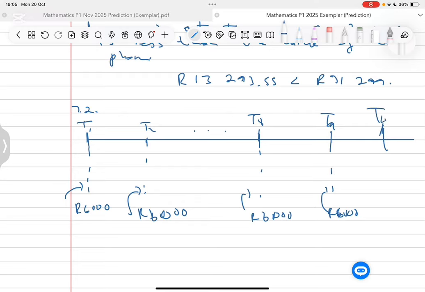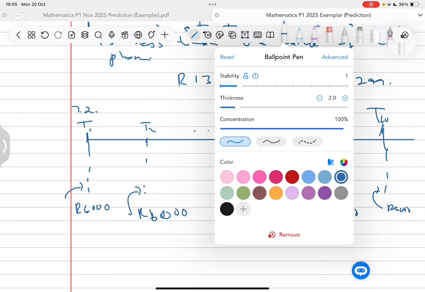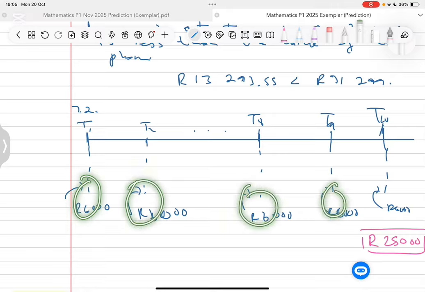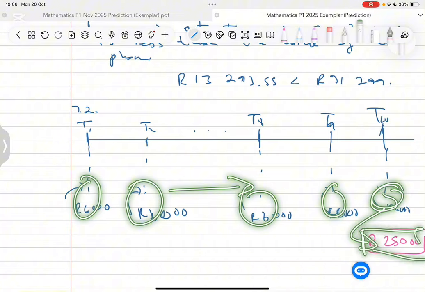And when we get to T10, the beginning of the 10th year, we'll again make a 6,000 deposit into this investment. Now notice that when we get to the beginning of the 10th year, this is where you will see that Fanny has made the 250,000 in his business, because with Fanny, each and every time he deposited this money, he lost this money over the years until at this stage where he started making a net profit.